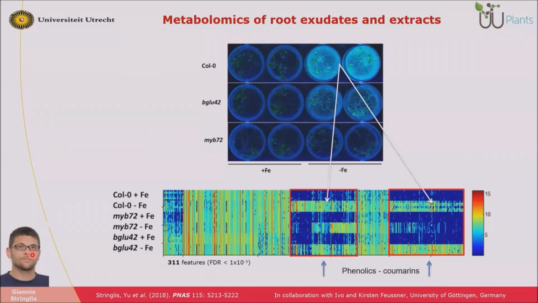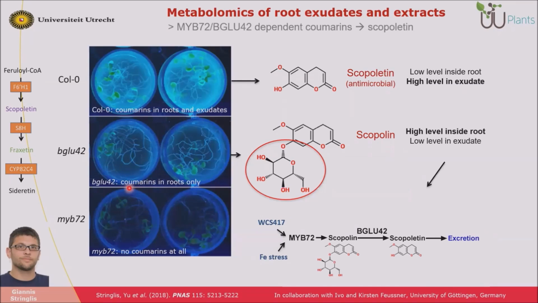Well, from this we conclude that BGLU42 is important for coumarin secretion. Then Jannes in the lab did detailed metabolite profiling to identify the coumarins in the wild type plant, in the BGLU42 mutant, and in the MIP72 mutant. To make a long story short, he was able to demonstrate that the coumarins that are produced in the roots of the BGLU42 mutant, so the ones that stay inside the roots, is scopolin to a large extent. Scopolin is a very well-known coumarin, and it has this glucoside residue, but this one stays inside the roots.